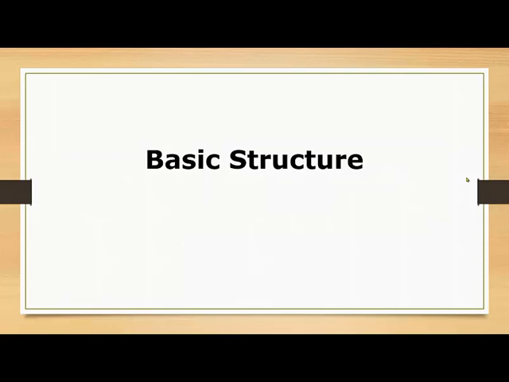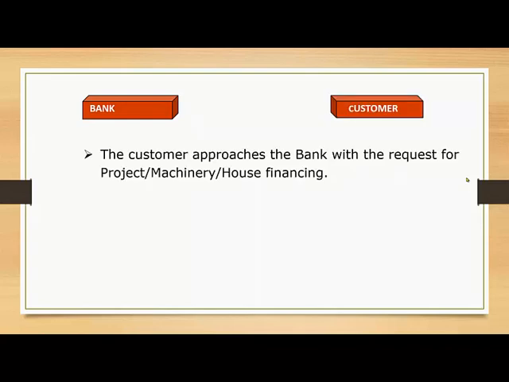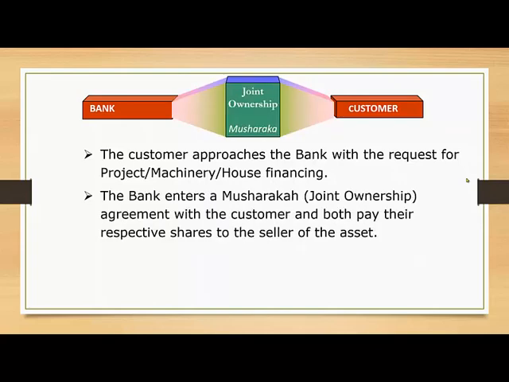So let's have a look at the basic structure. As you can see, on one side there is a bank, on the other side there is a customer. The customer would approach the bank with the request for project, machinery or house financing. So what would the bank do?